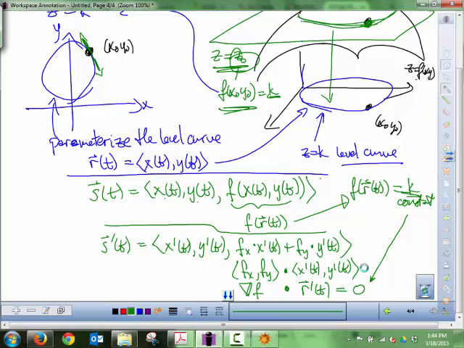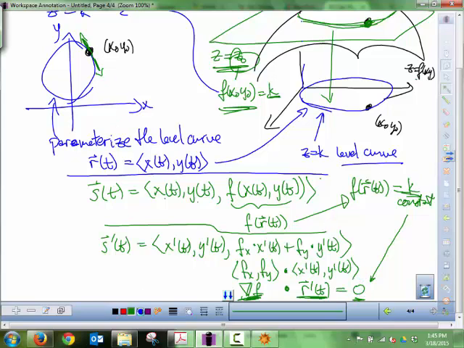So the dot product of a gradient and a tangent vector is 0. And that means they're perpendicular to each other. The dot product of the gradient and a tangent vector is equal to 0.